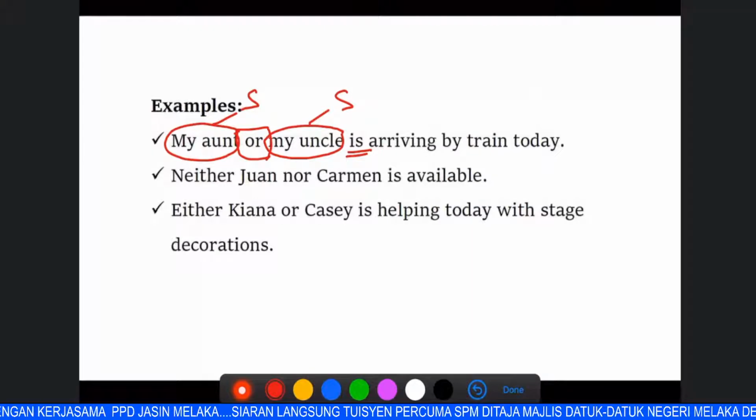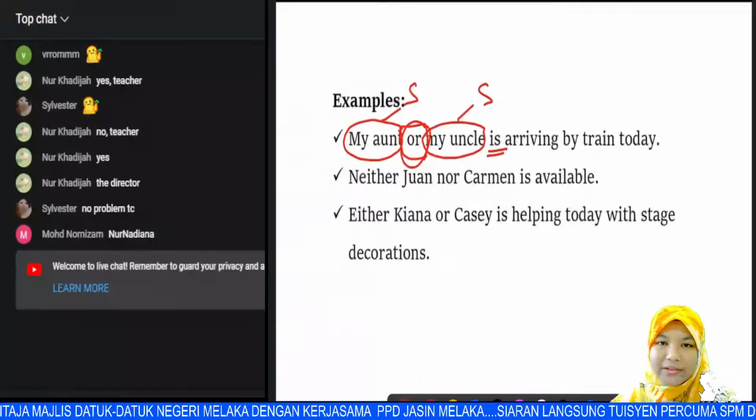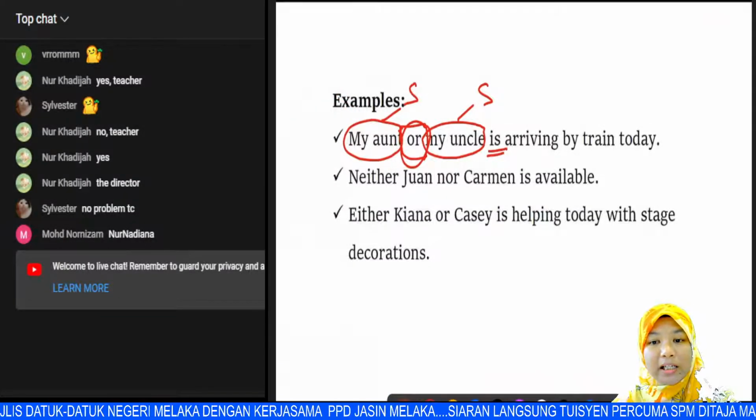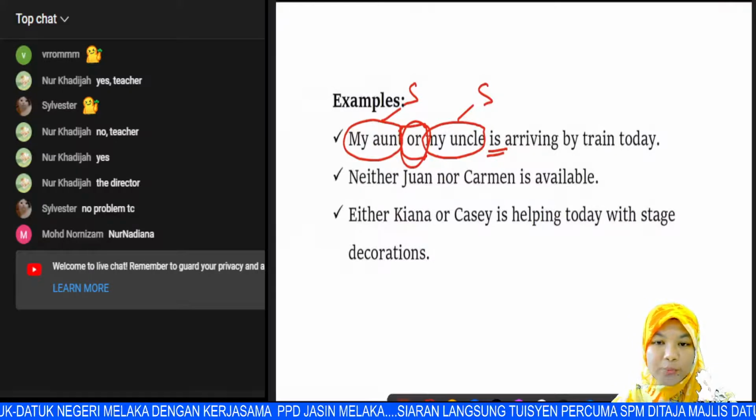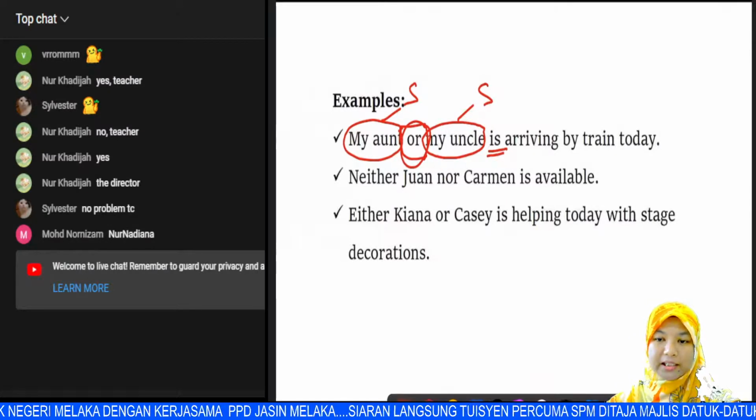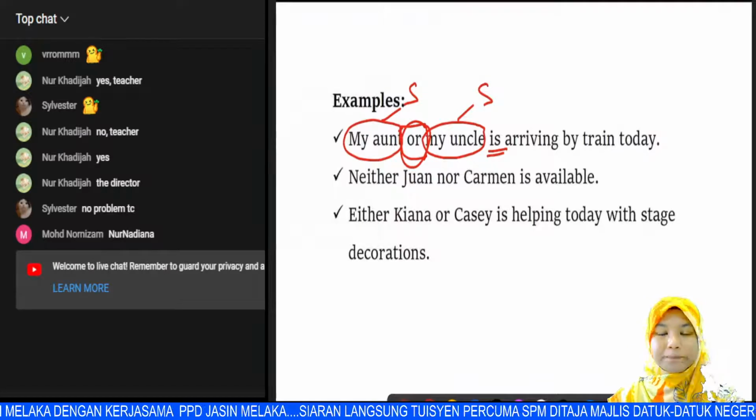What the writer is trying to say is that either the aunt arrives today or the uncle. It is not going to be both of them. Only one of them will be here. So when you use "or", it is some kind of option or choice, and it equals one. Only one will come. Let's wait and see whether the aunt or the uncle arrives. Not both of them, but only one will arrive by train today.